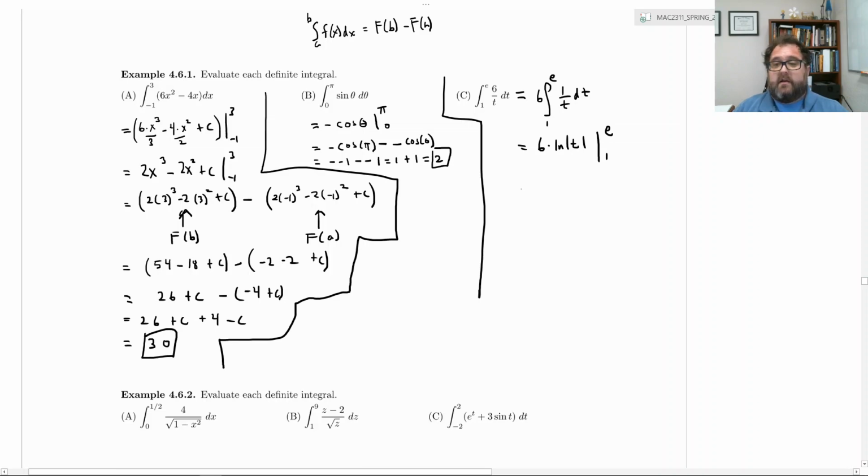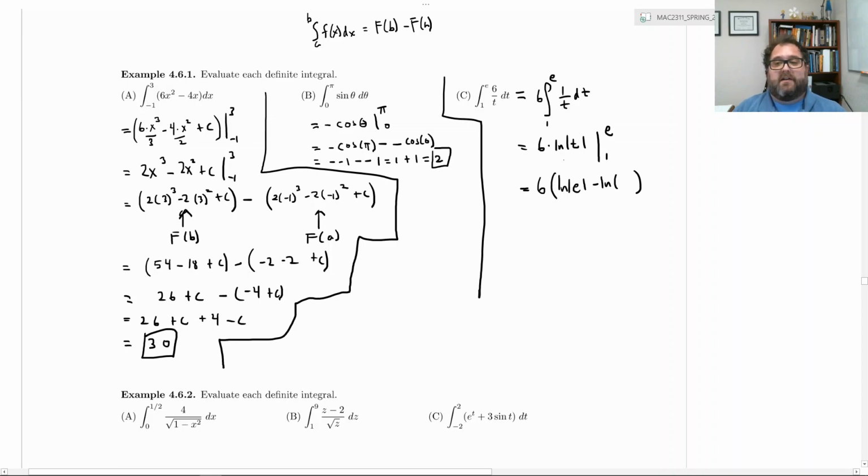Okay? And now we apply the fundamental theorem. By the way, if you ever factor out a constant, I like to do this. This isn't mandatory. If there's a constant, factor it out of your capital F of b minus capital F of a calculation. That is, 6, open some parentheses, and then do natural log of b minus natural log, oh, I need absolute value.